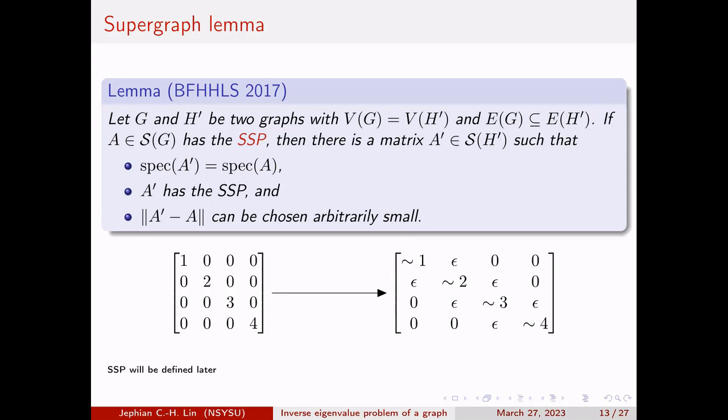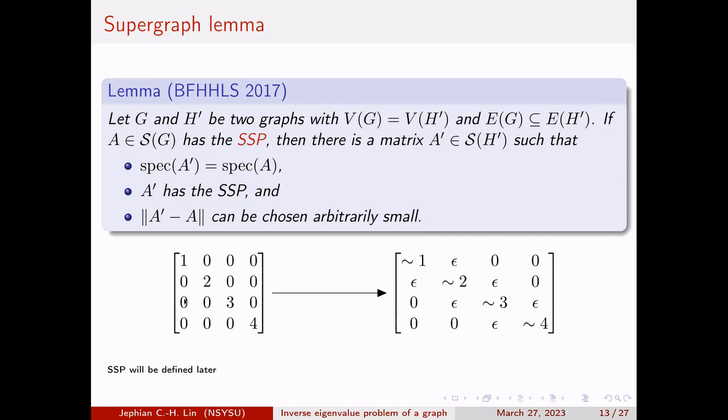Let's look at the picture first. Say I have a matrix, and this matrix obviously has the spectrum 1, 2, 3, 4. Now suppose I want a matrix whose pattern is given by the path. So it should be tridiagonal, and its spectrum is exactly 1, 2, 3, 4. Then what can I do?